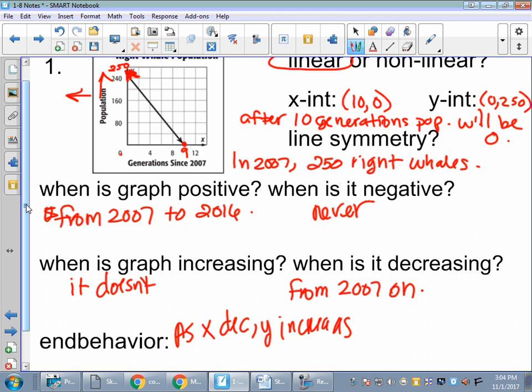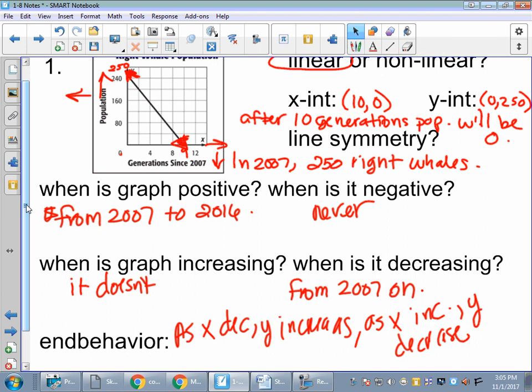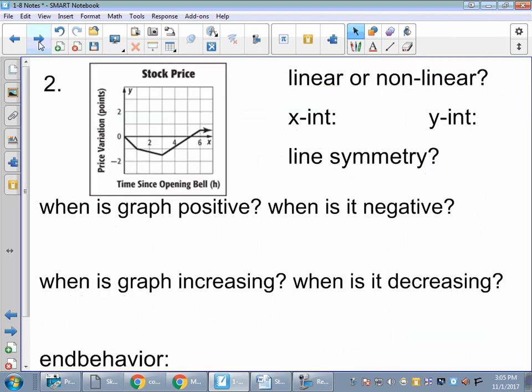There were probably more whales. And then this arrowhead here is going to the right and down. So as x increases to the right, y values decrease. The more time that goes on, the more the whale population goes down.